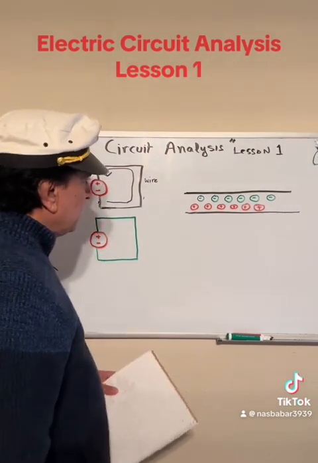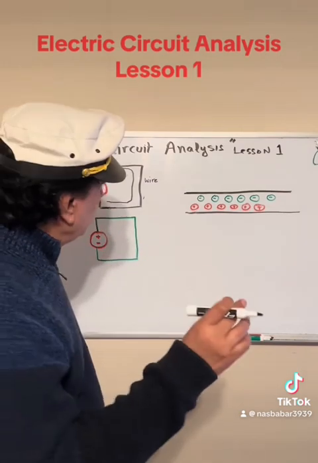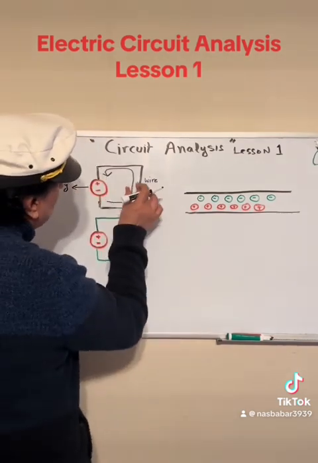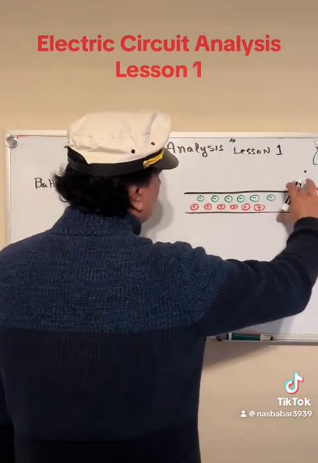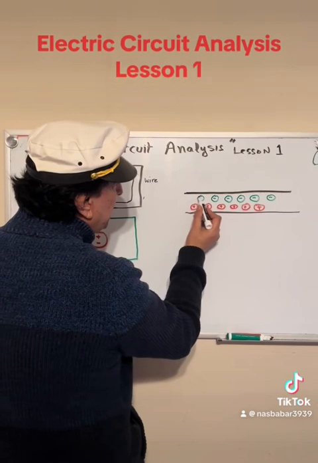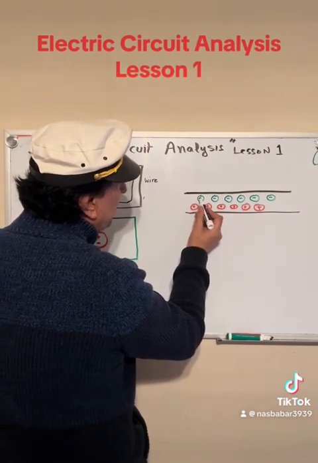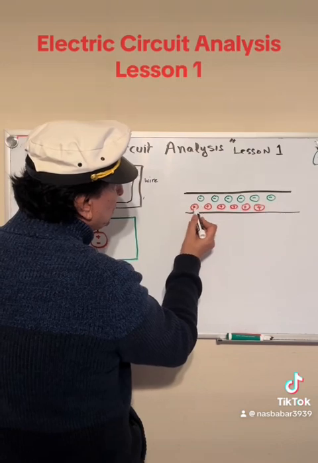Now let's look at it as if you have a microscope, right? You put the microscope on this copper wire, and you will see something like this. The ones in green are negative charges, or you can call them electrons, and the ones in red are positive charges, okay?